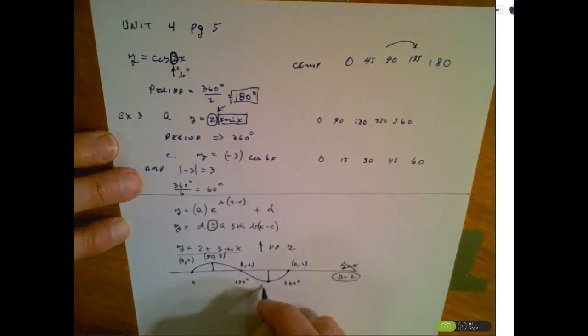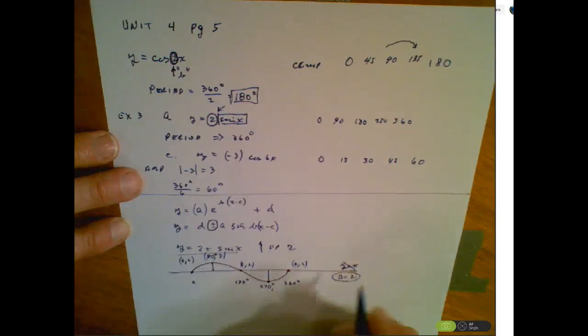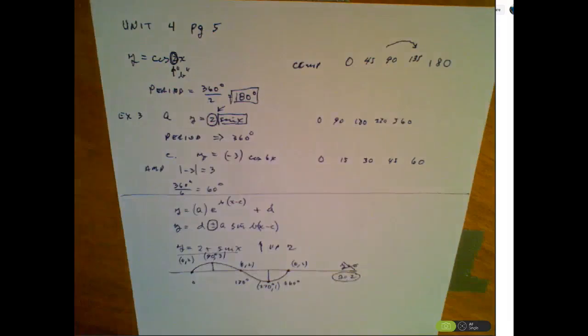So this would be the point 270 degrees, and it would be then, let's see, 2 minus 1 is 1. Okay, so that idea is pretty simple. Now, if d is a negative number, all that means is our midline is going to be at a negative y. That's all, and so that's pretty simple.